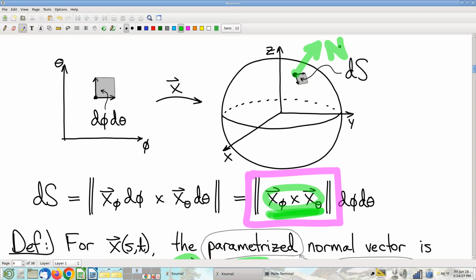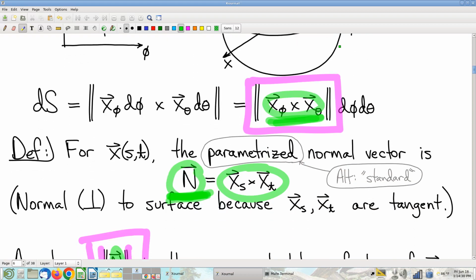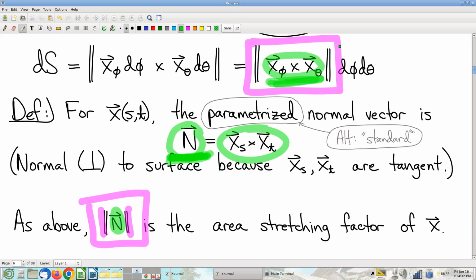Thus the capital N. I like to call this the parameterized normal vector because, let's face it, there's actually a lot of normal vectors, just different directions. They all point along the same line, perpendicular to the surface, but with different magnitudes and possibly going the other way. There's a bunch of different normal vectors.